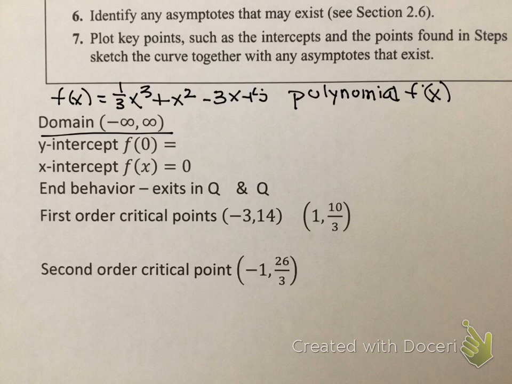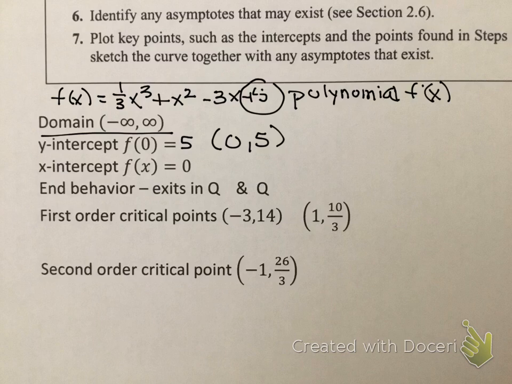Let's real quickly see if we can find any intercepts. To find a y-intercept, you plug in 0 for every x. So when I do f of 0, I'm going to get out a 5. So I've got a y-intercept at (0, 5).